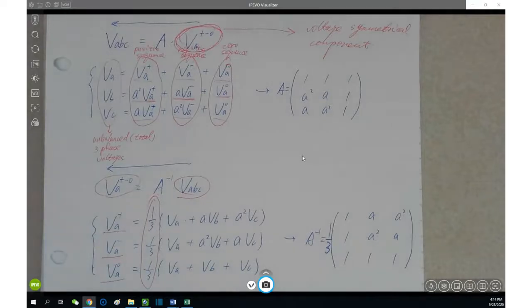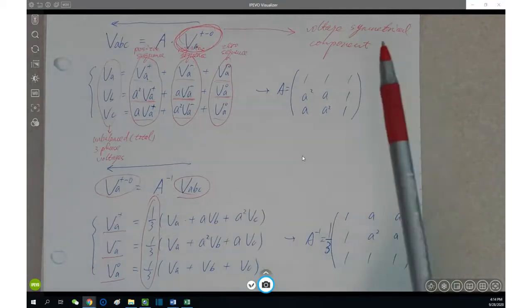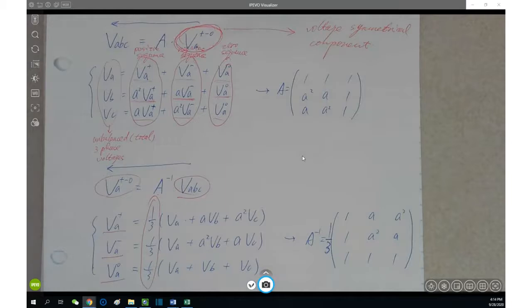Last year in the same class, I received a very good question. A student asked, you said this is the voltage symmetrical component, right? However, in this three-phase system, what do you mean by voltage? Do you mean phase voltage or line voltage? That's a very, very good question, obviously. We need to emphasize, okay?